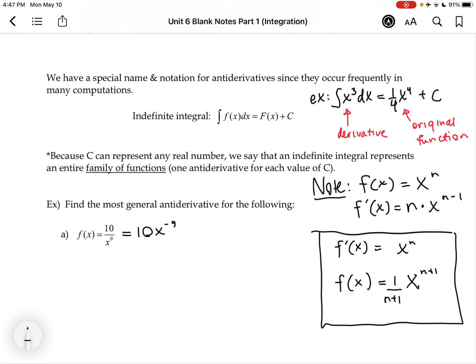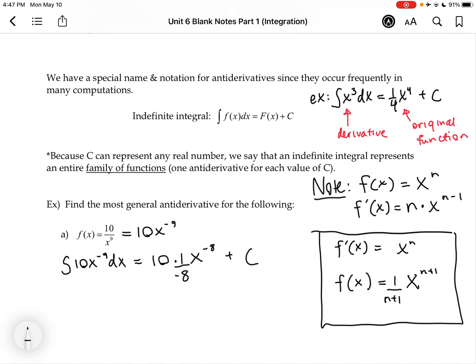And now when I take the integral of 10x to the negative 9 dx, that's going to equal 10 times, well, now the exponent is going to be 1 more than negative 9. That's negative 8. And then I have to multiply by 1 over that exponent, plus c.